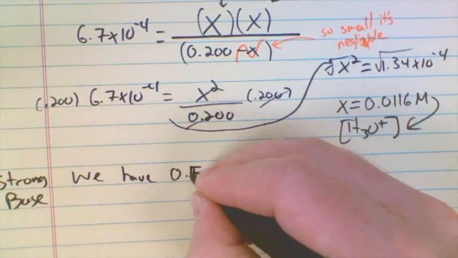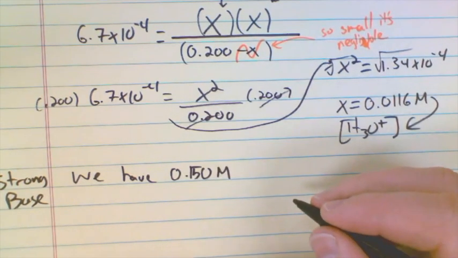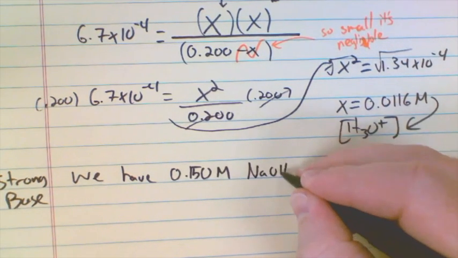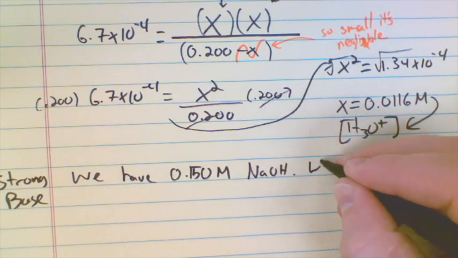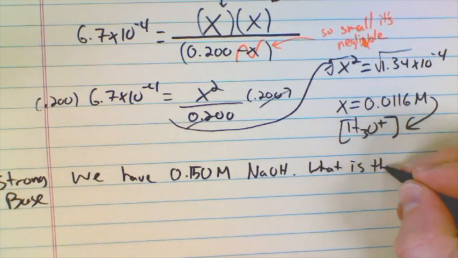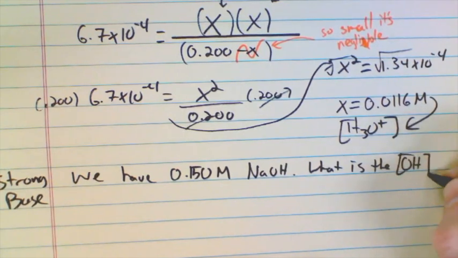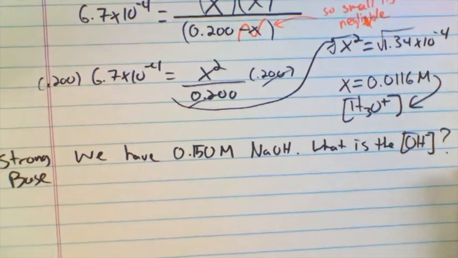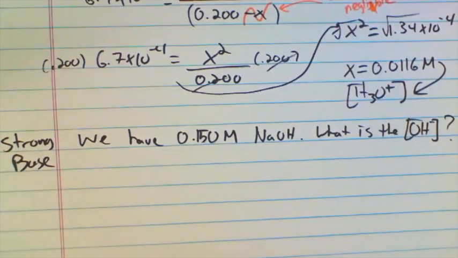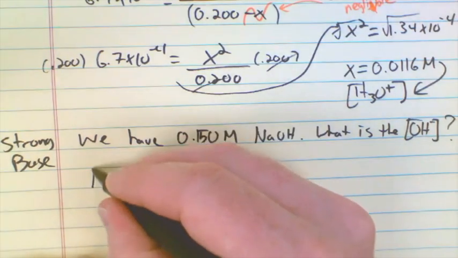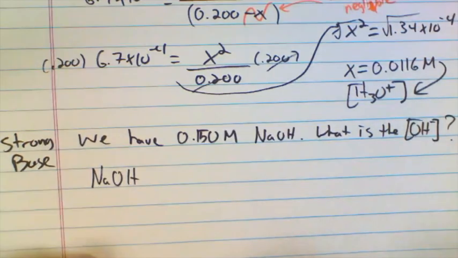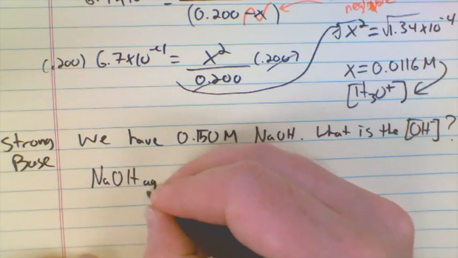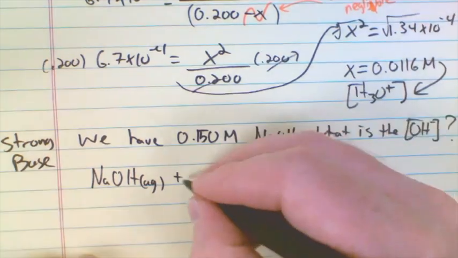We have 0.150 molarity sodium hydroxide. And I want to know this time, what is the hydroxide ion concentration? Remember, hydroxide is the thing that makes a base. Hydroxide production in water. So we can write our little reaction here. Sodium hydroxide plus water.